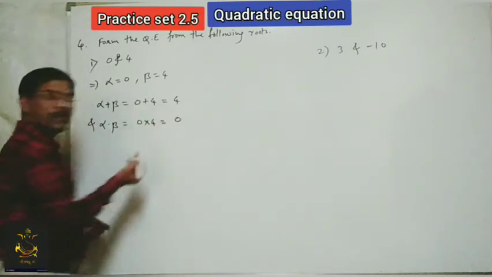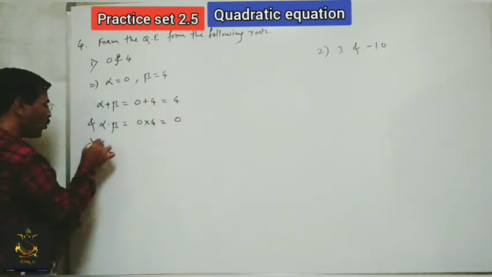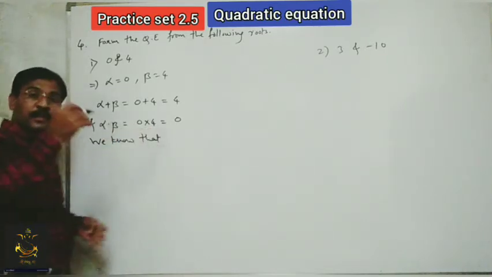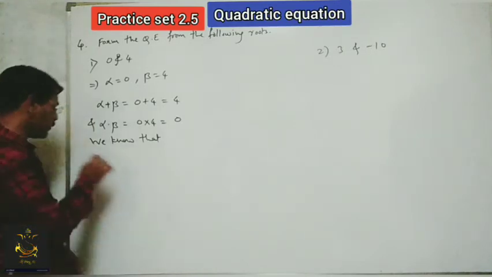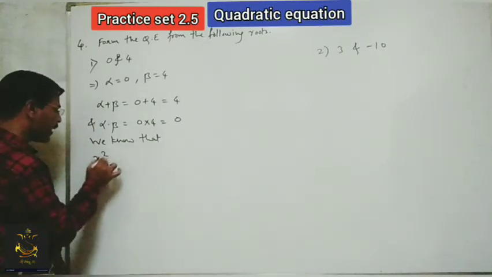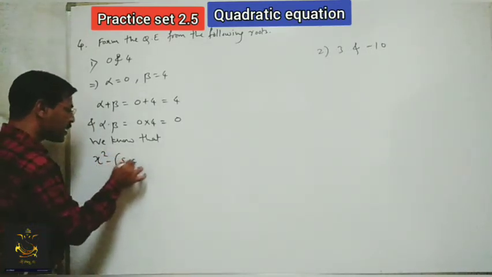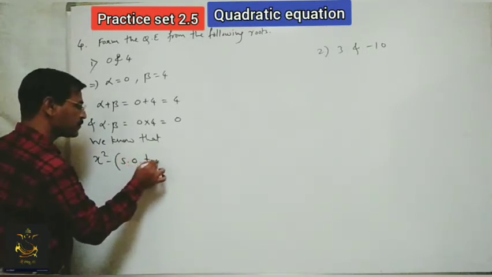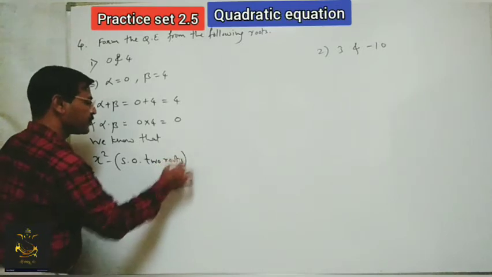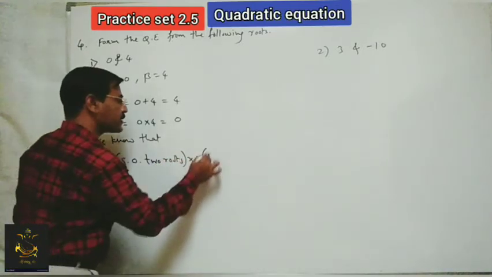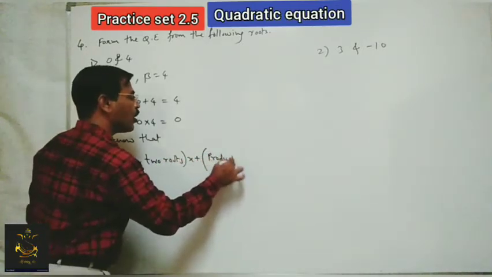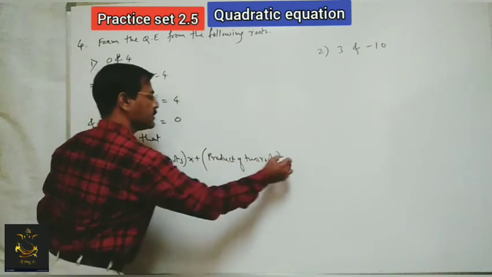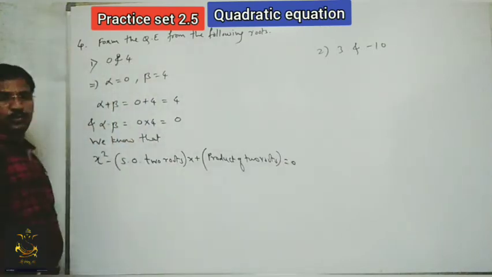That is 0 only. We know that the standard form of the quadratic equation is nothing but x square minus sum of 2 roots into x plus product of 2 roots, which is equal to 0.